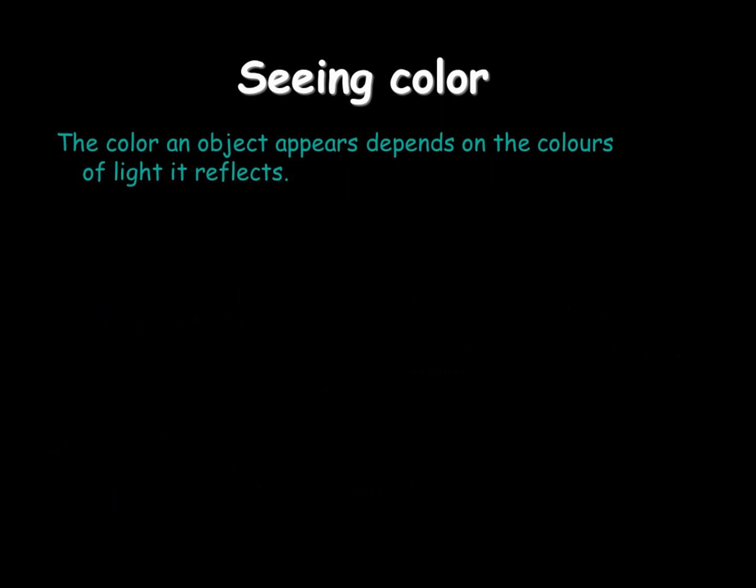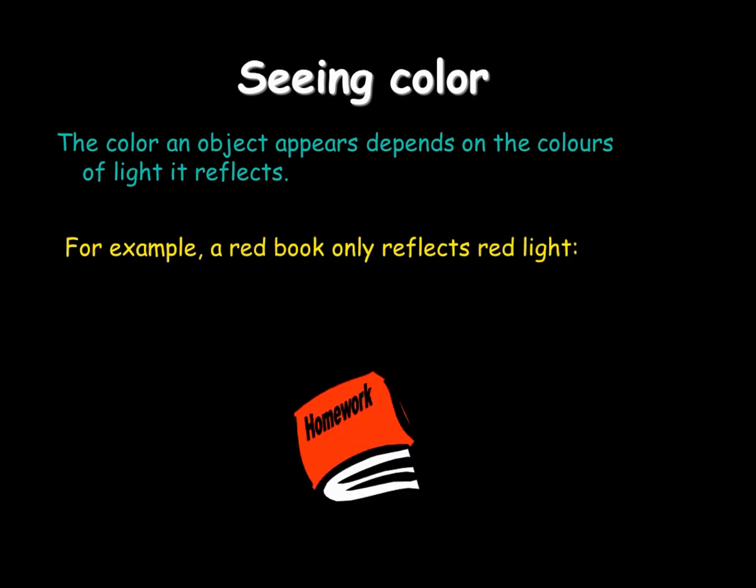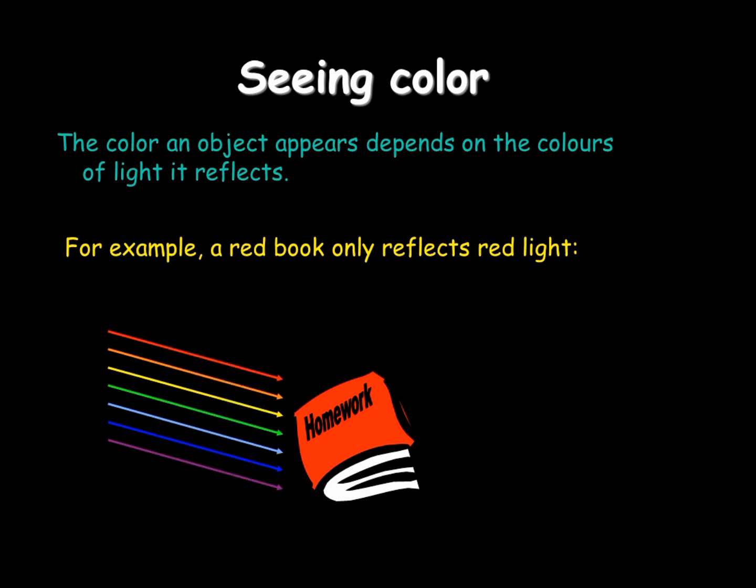All right, so when we see color, the color that we see is a combination of 2 things. It's a combination of light absorbing and reflecting and how our eyes perceive the color. So the color of an object depends on the colors of light it reflects. So for example, this book appears red. It appears red because when I shine white light on it, all the colors of the rainbow come into the book.